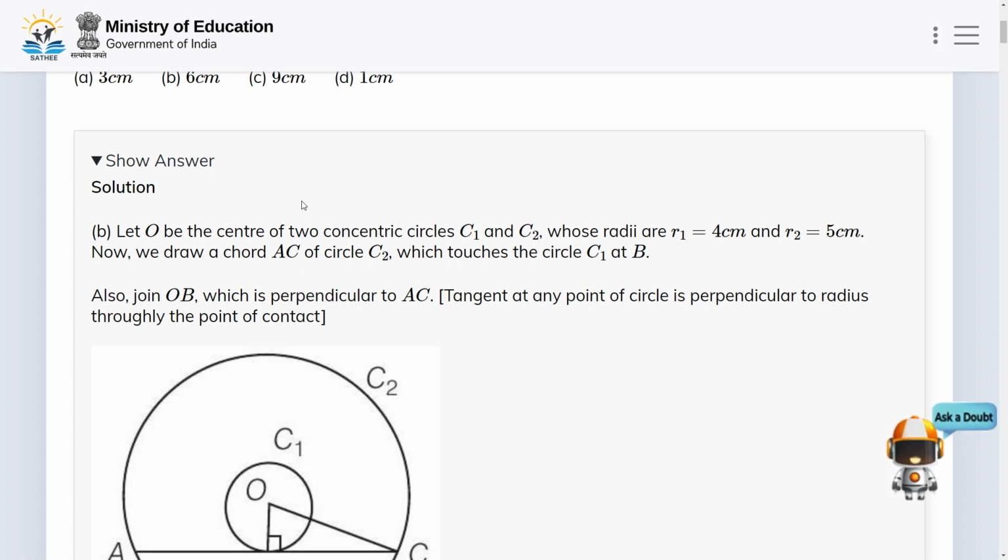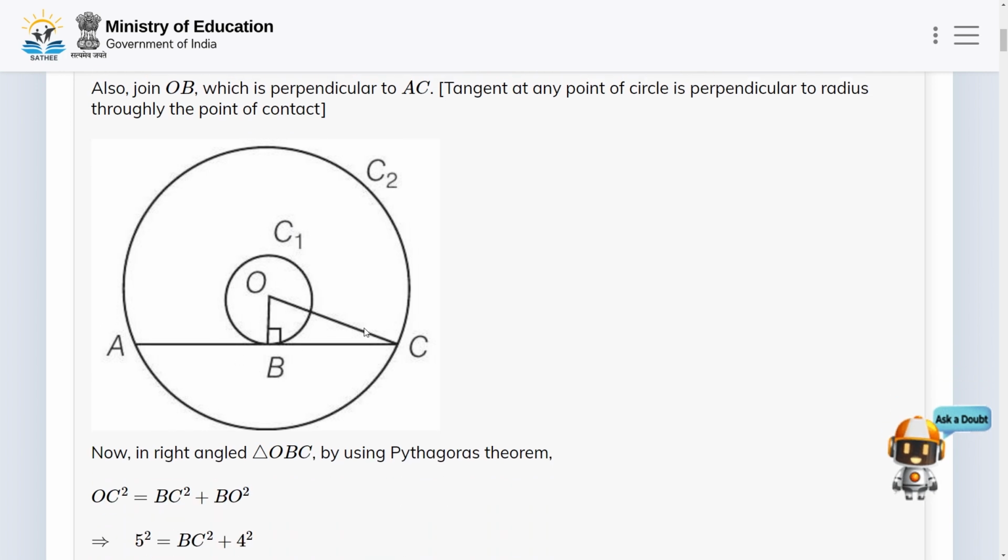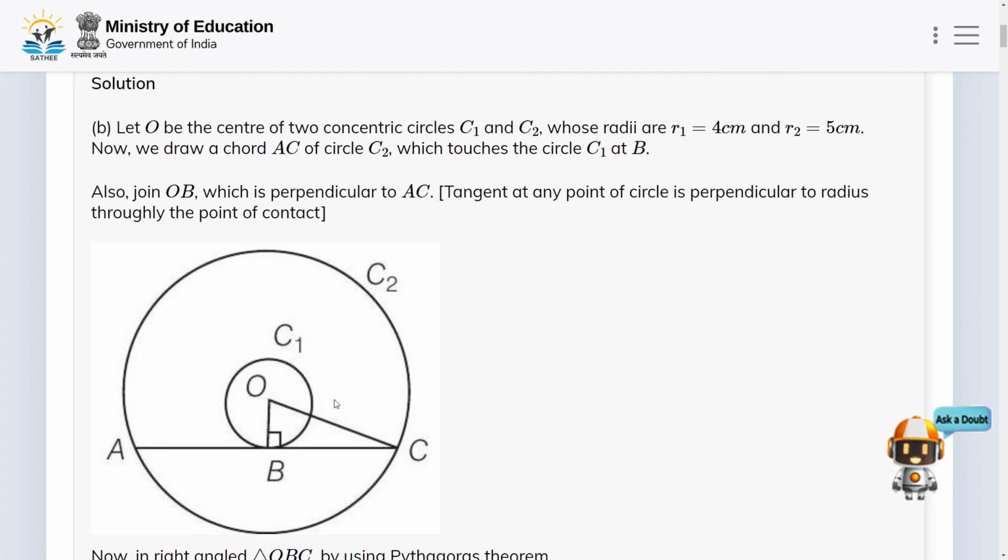Now we draw a chord AC of circle C2, which touches the circle C1 at point B, and also join OB, which is perpendicular to AC. The tangent at any point of a circle is perpendicular to the radius through the point of contact.